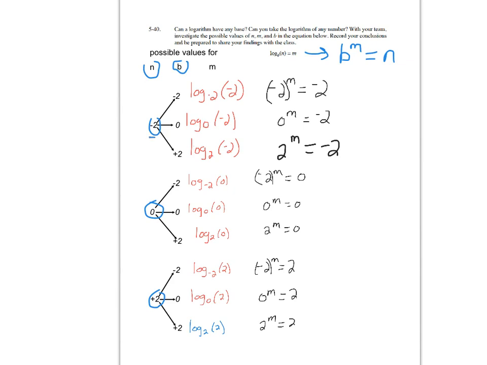So what happens if you pair n being a -2 with b being a -2? Well, you have the log base -2 of -2. And if you were to type this into your calculator, go ahead, pause this, type this into the calculator using the change of base, which can be found underneath the math button, you'll get a non-real answer.